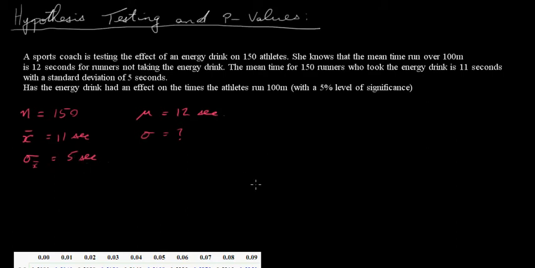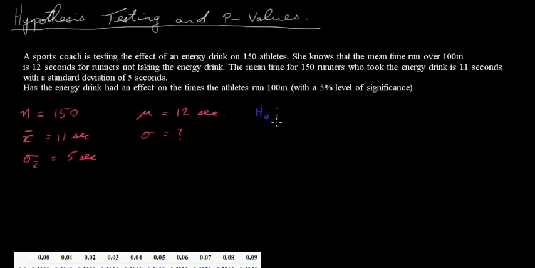Okay, so now normally what we do in this situation when we're asked to test the particular hypothesis is we would write down H0 and H1. So let's do that first of all. So we will look at H0, which is our null hypothesis. And the null hypothesis is the status quo.